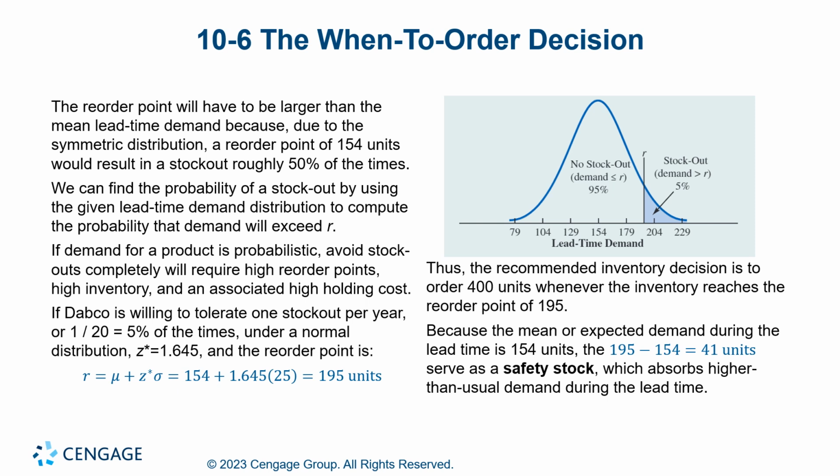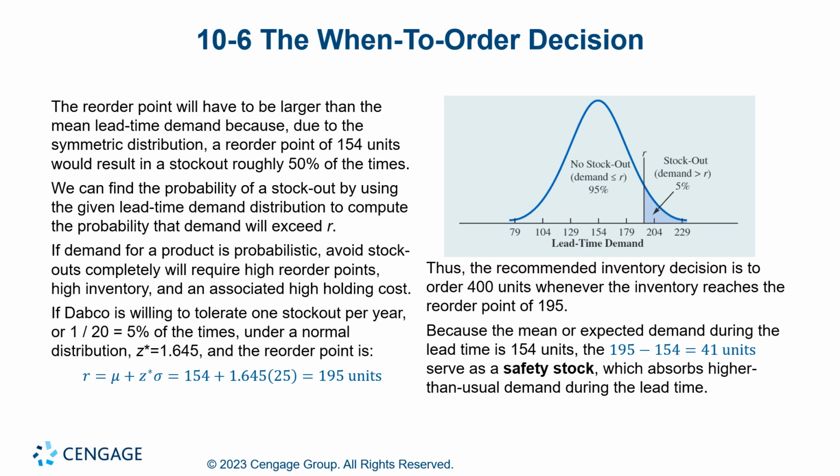From the standard normal probability distribution table, we can see that if we take 1 minus 0.05, we have 0.95, and this is the area on the left tail of the normal probability distribution, and this corresponds to a Z value of 1.645.